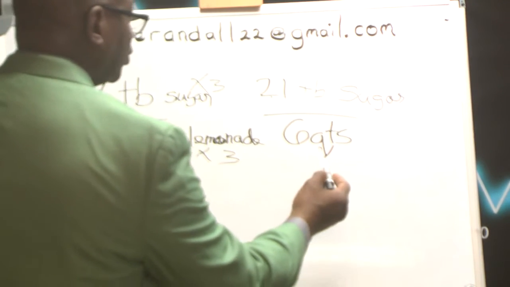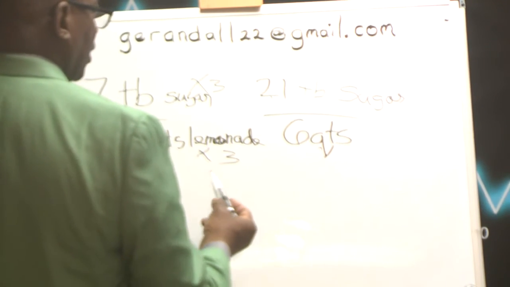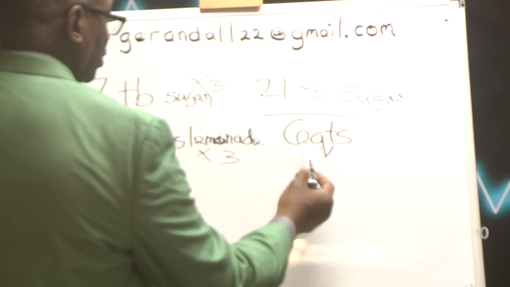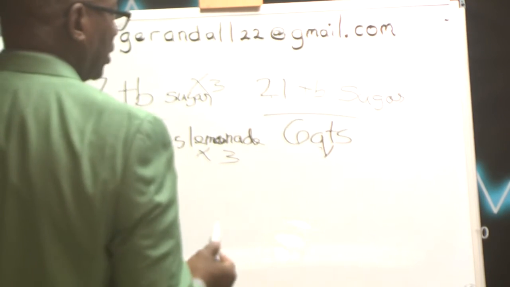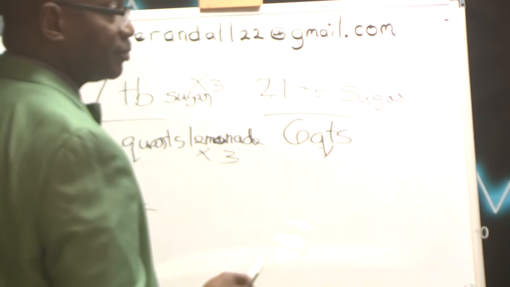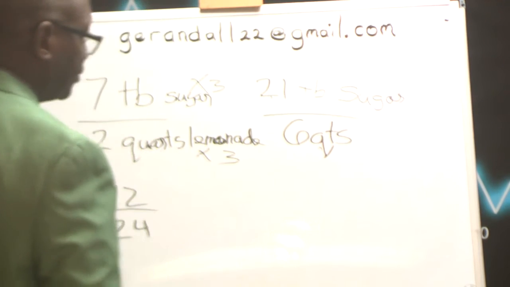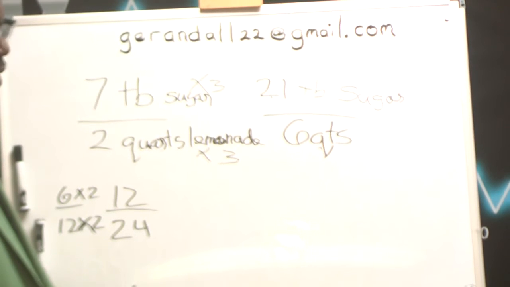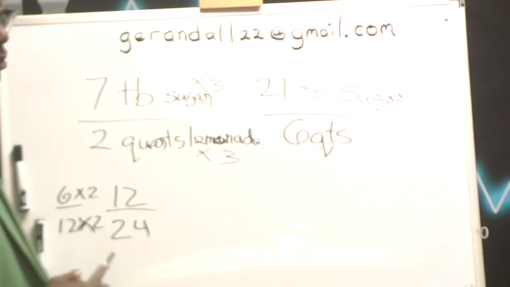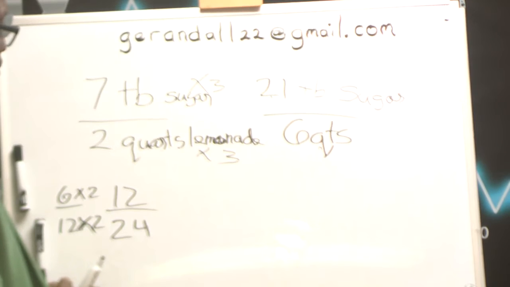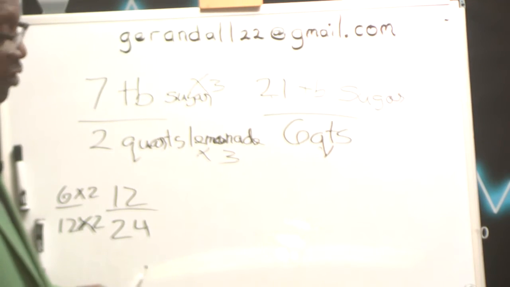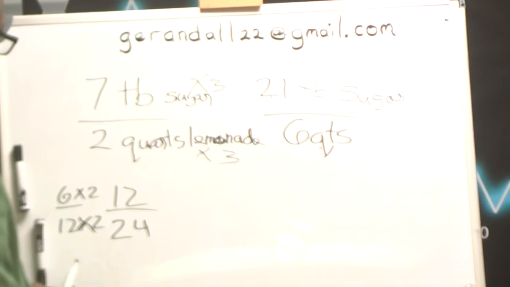If we make a larger quantity, for every 6 quarts, we need 21 tablespoons of sugar. We're speaking about rates, again, like 60 miles per hour, and so forth.